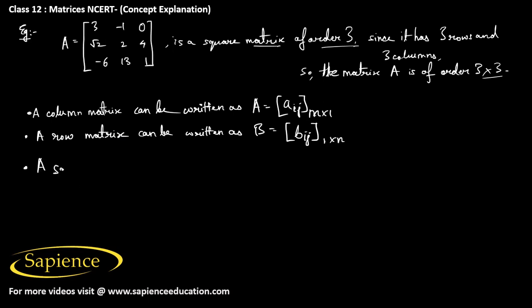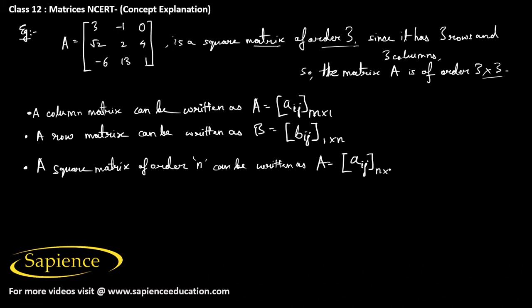Then a square matrix of the order n can be written as A equal to Aij, n cross n. So it should be of the order n cross n.